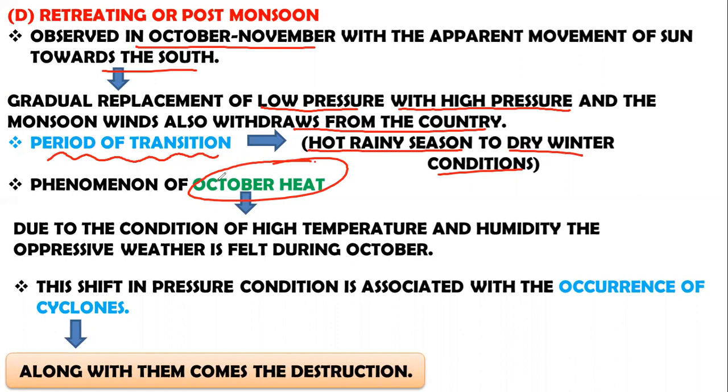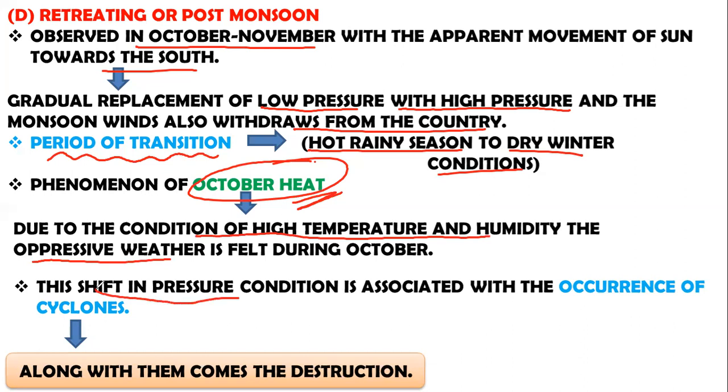The same process is happening over the Indian landmass as well, and this is the phenomenon which creates October heat, and there is a sudden increase in temperature in October at times. Due to the condition of high temperature and humidity, oppressive weather is felt during October, or you can say a slight increase in temperature.